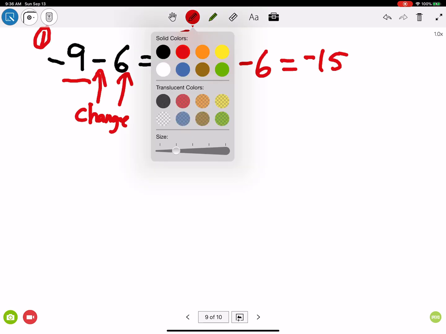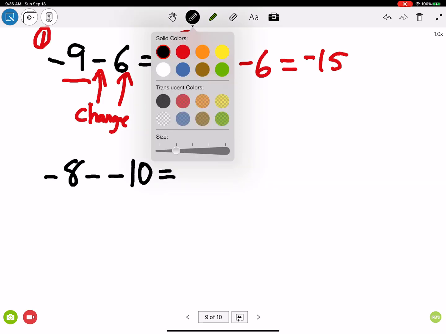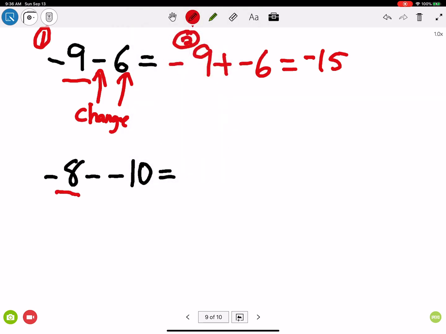So let's try this. Negative 8 minus negative 10. So let's look at this. Now we've got our starting point, which is negative 8. We're going to keep this.